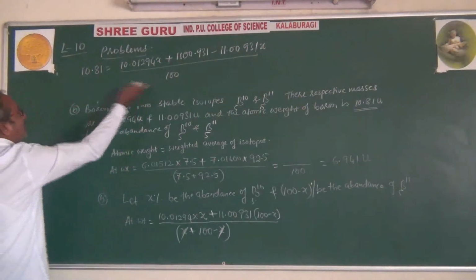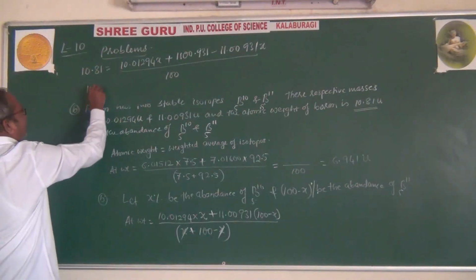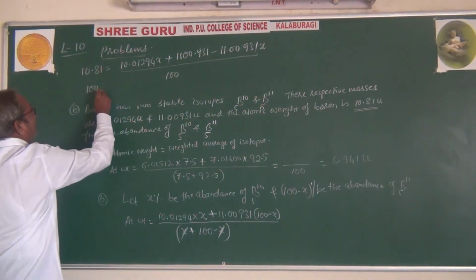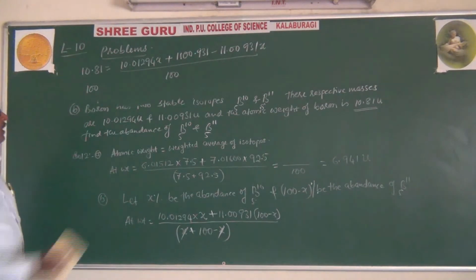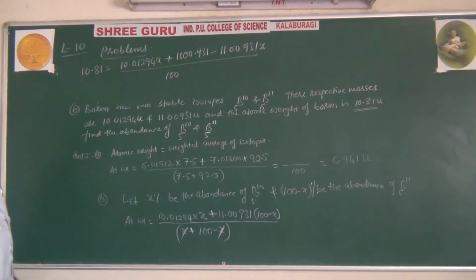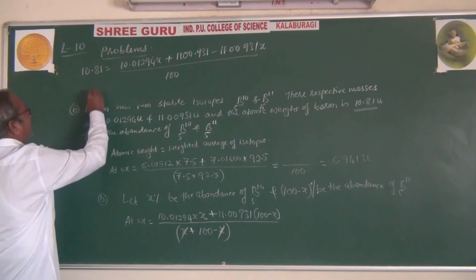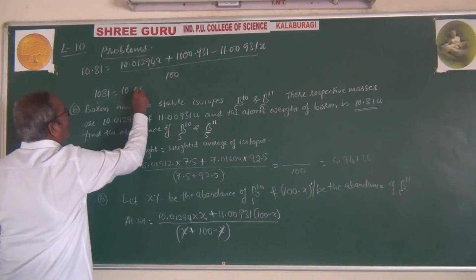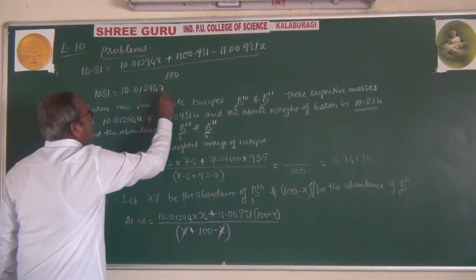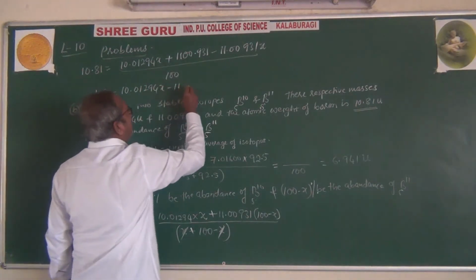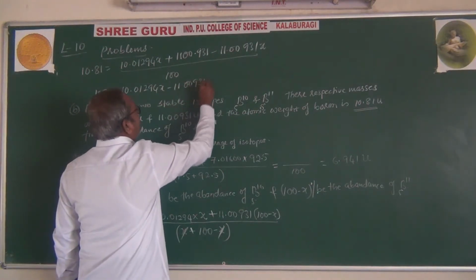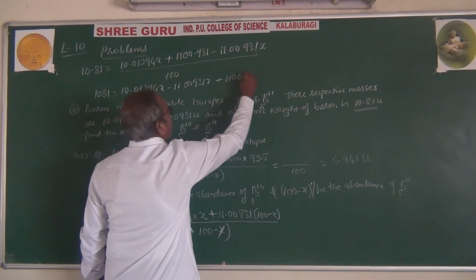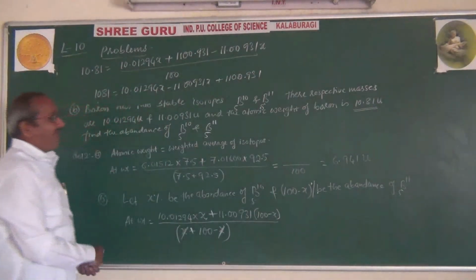Now by cross multiplication, 100 into 10.81 is 1081. This equals 10.01294x minus 11.00931x plus 1100.931. Again you have to solve for x.